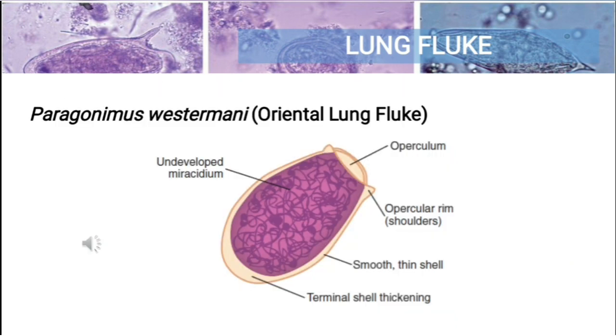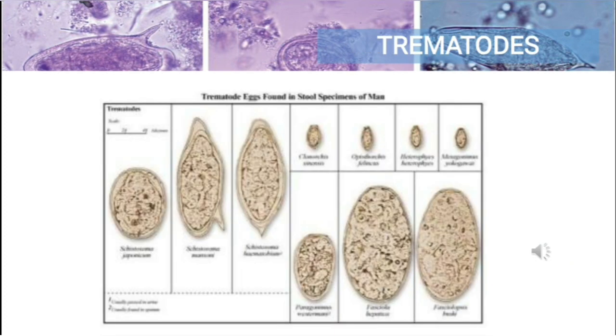This picture shows the egg of our Paragonimus westermani with some of its labeled parts. This picture shows the different trematode eggs found in stool specimens of humans.